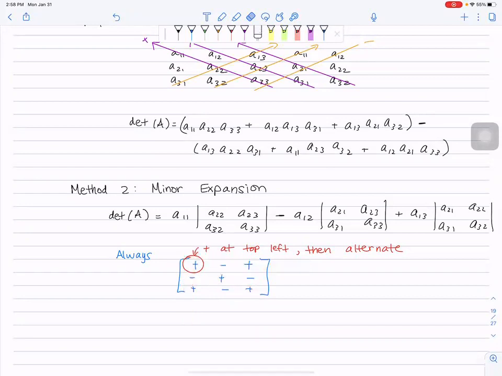Then you subtract this top middle term, and again you think of it as Xing it out, times the determinant of what's left over. So these four terms. And then you do this term, and you can think of canceling out those rows. So this term times the determinant of what's left over. And you keep repeating this pattern over and over again if it's a bigger matrix.